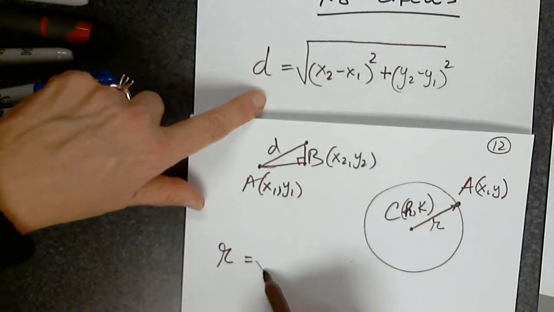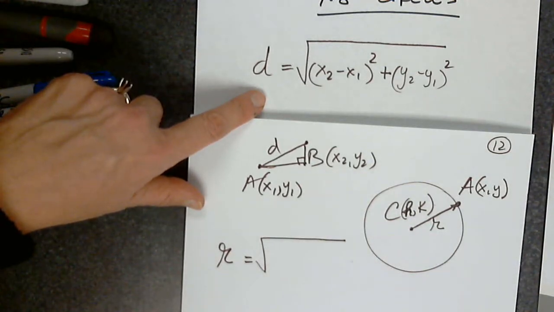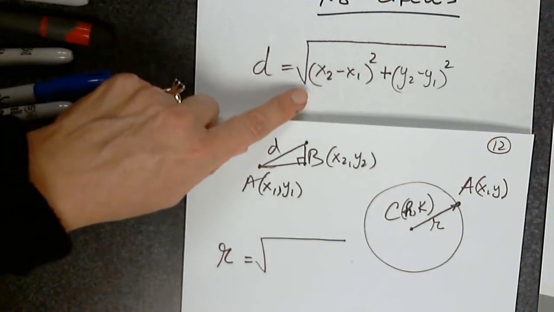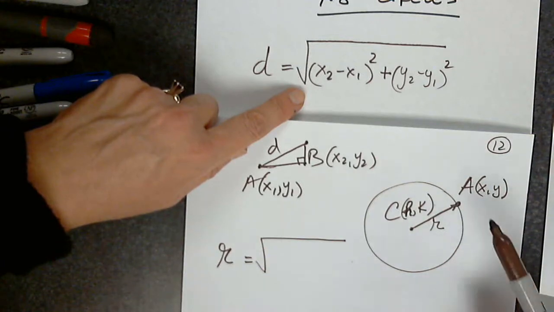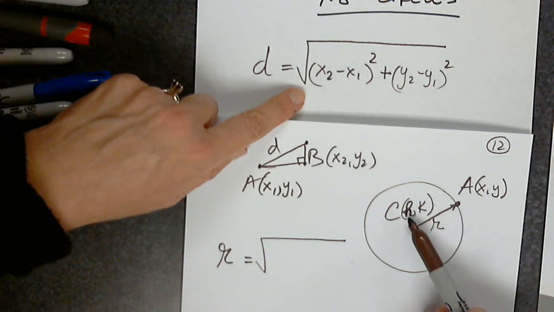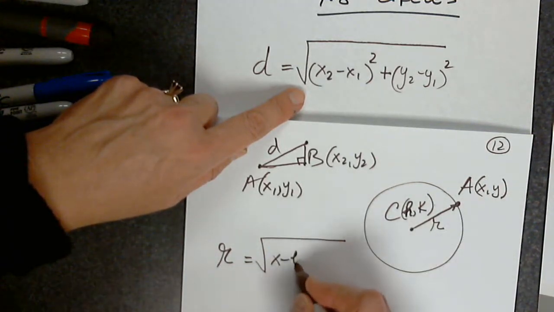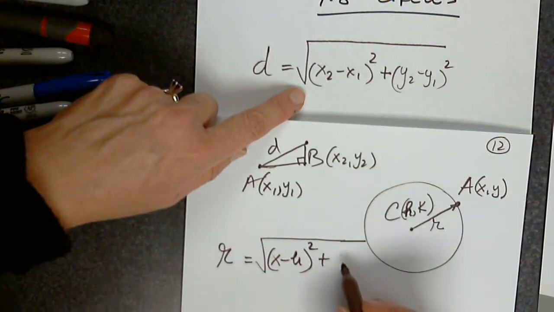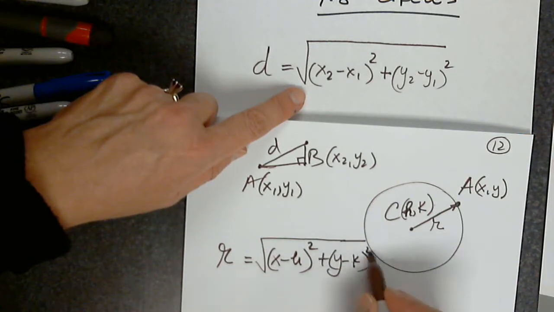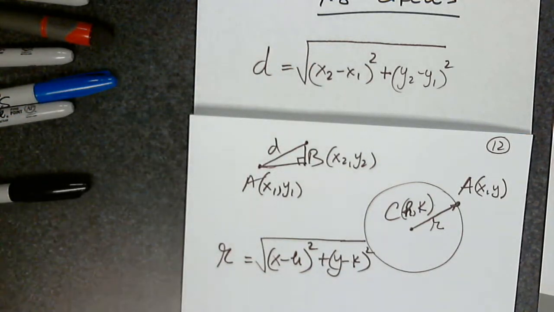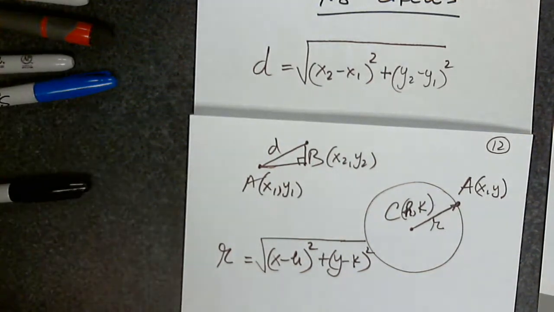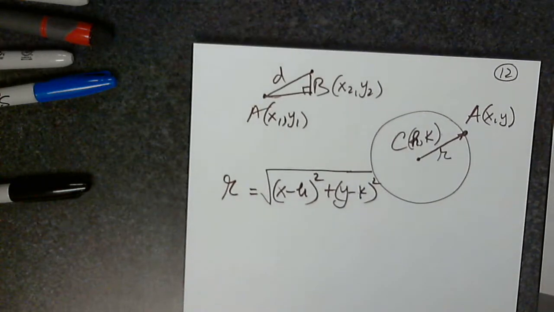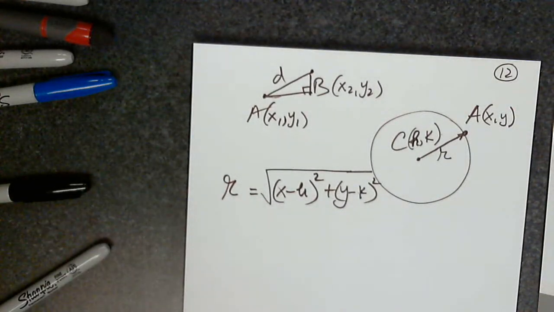Then I have the square root of, following through with the same formula, x minus h, squared, plus y minus k, squared. This is perfect. However, we normally like it without the square root. If I want a formula like this one without a square root, what should I do to both sides?